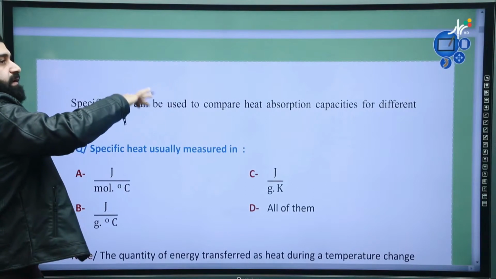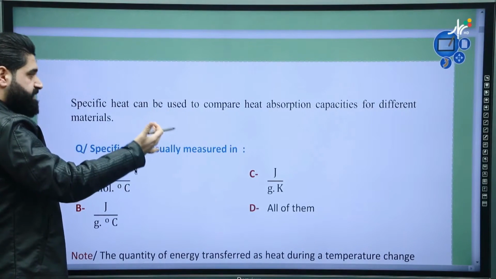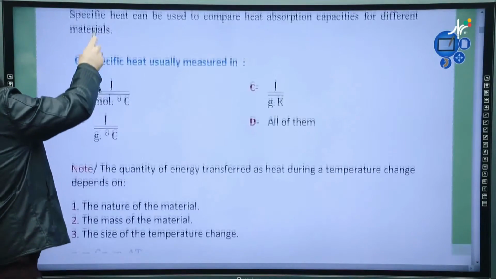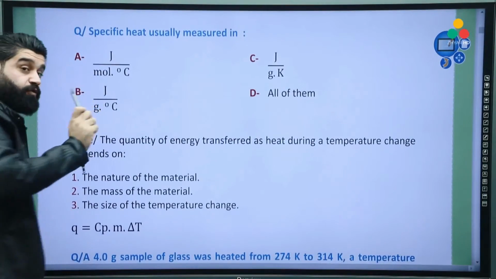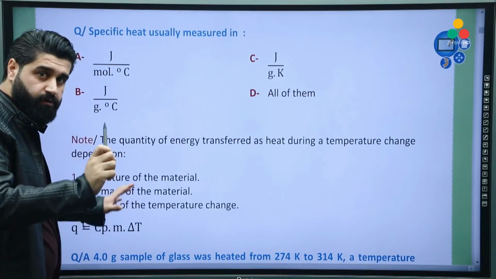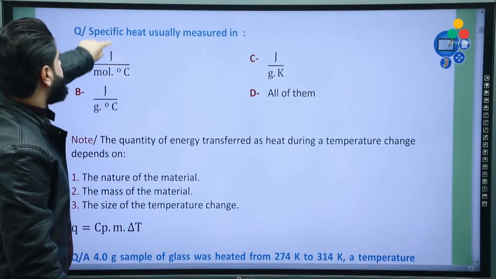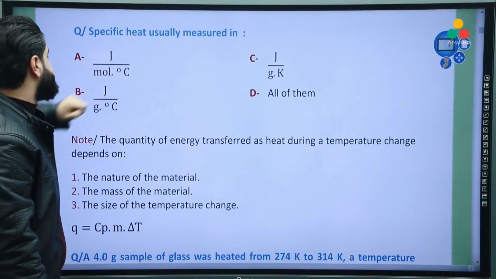Bigger Cp, bigger amount of energy. Smaller Cp, smaller amount of energy. Look, I'm telling you, you must write this note. It's very important.